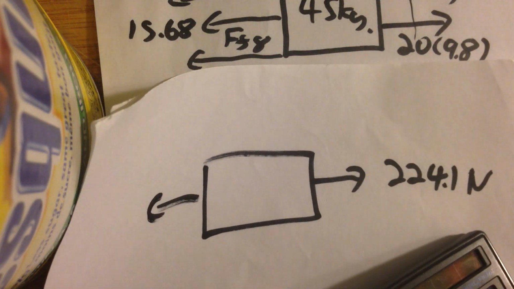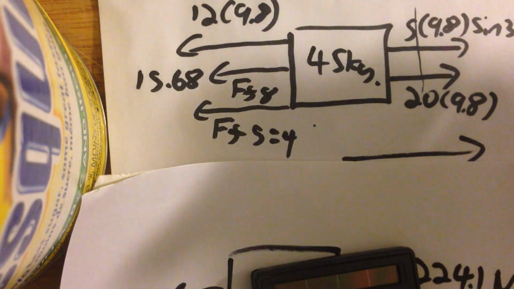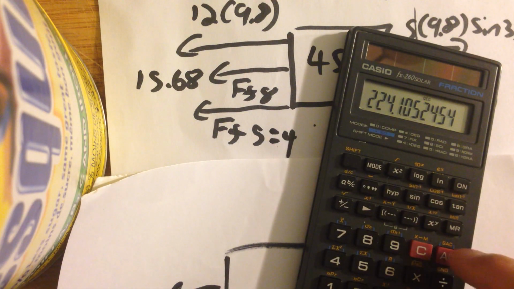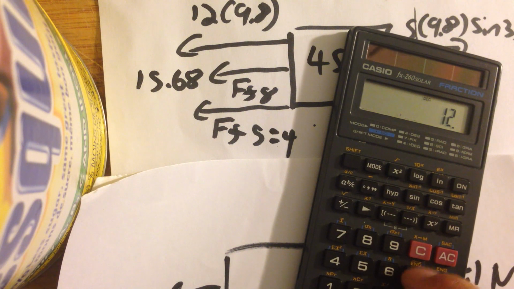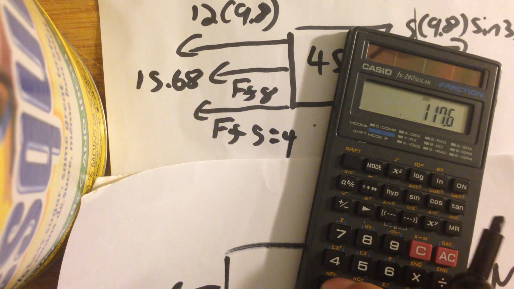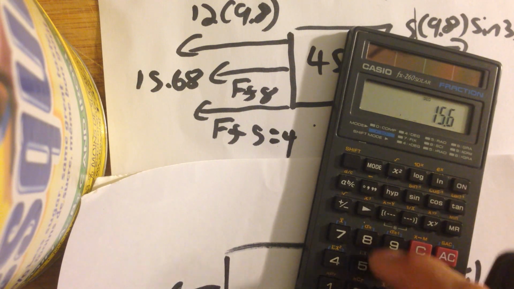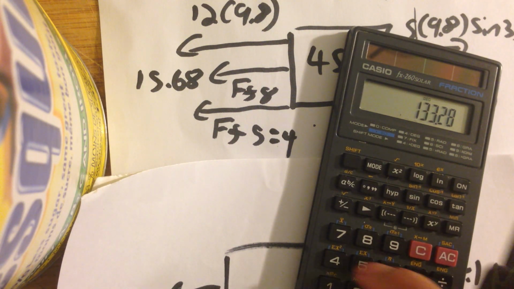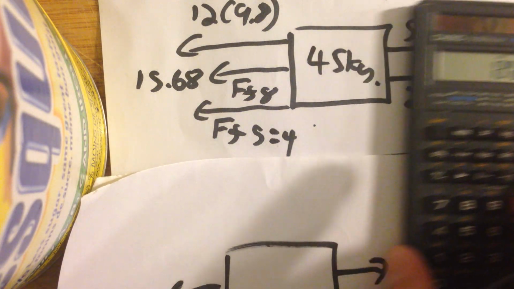Everything that's pulling it to the left is 12 times 9.8 plus 15.68 plus 4. And that's 137.28.